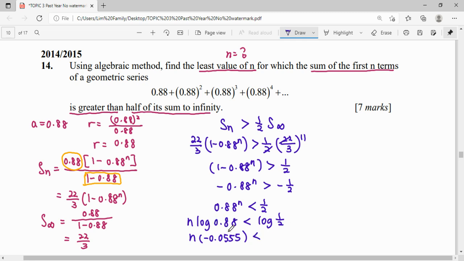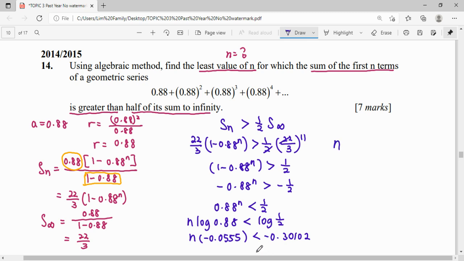So you have to be careful what you move to the right hand side. Inequalities are very sensitive with division and multiplication by negative. So for this, log 0.88 and log 1 over 2 is equal to negative 0.30102. Give more decimals because we haven't come to the final answer.